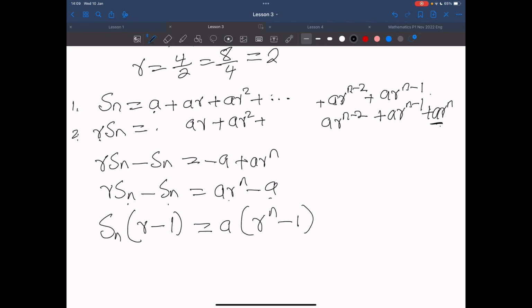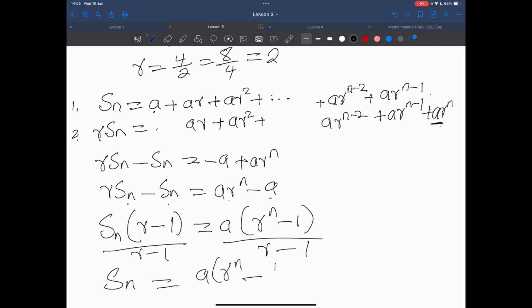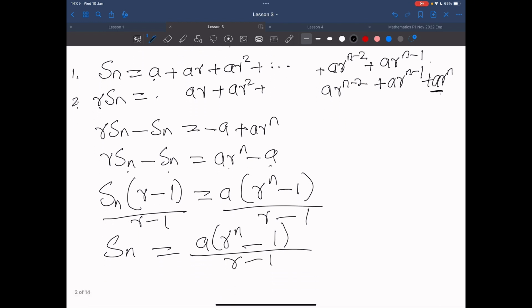Then we divide both sides by r minus 1, so this cancels out, and the sum Sn will give us a into r exponent n minus 1 all over r minus 1. So this is how we find the sum to n terms.